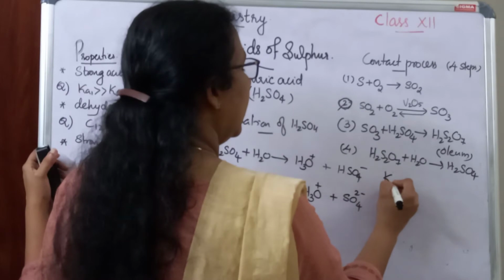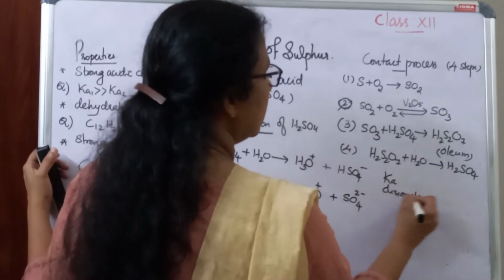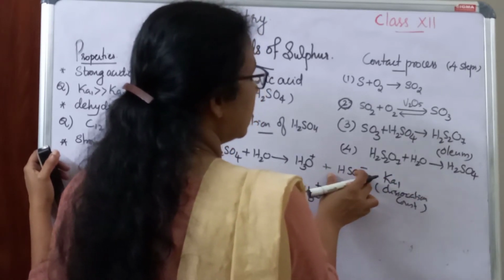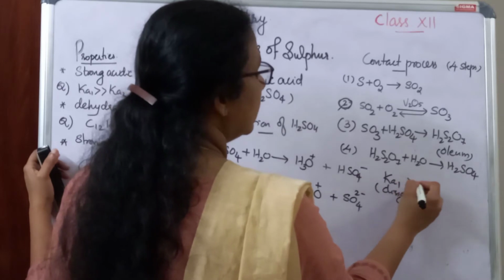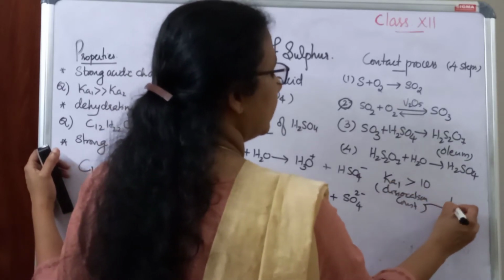Here the Ka value, that is the dissociation constant, Ka1 in the first step is greater than 10. That means it is very large.